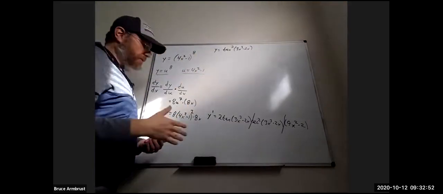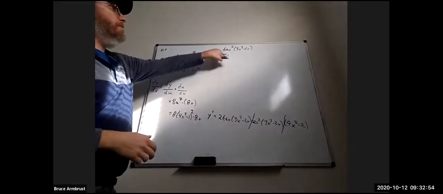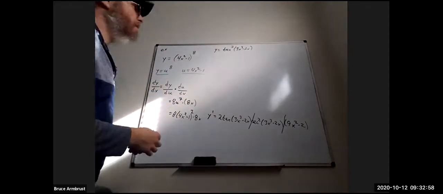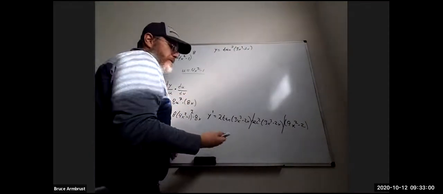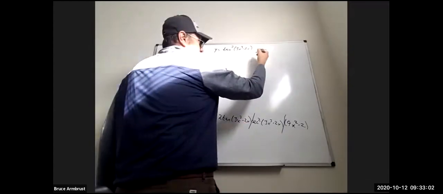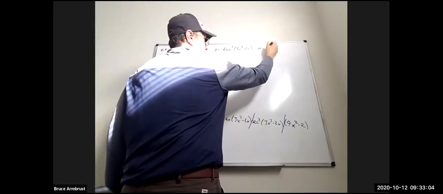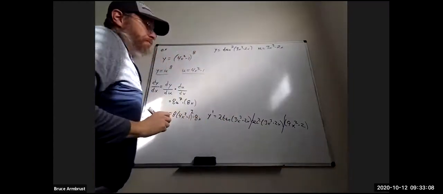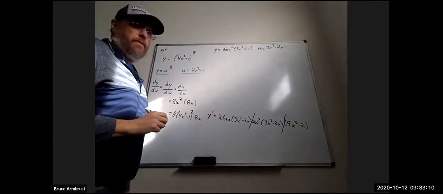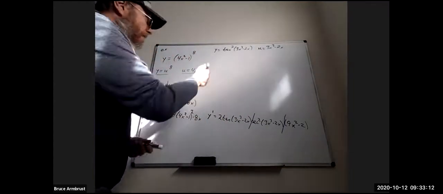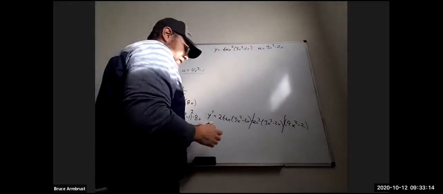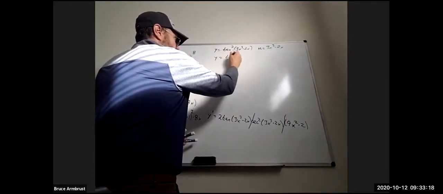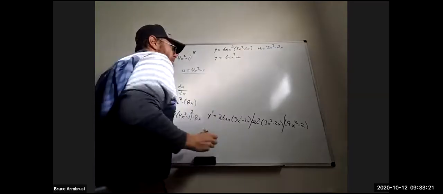So I'm going to start with just some substitutions, because all this is too complicated. So here are some substitutions. I'm going to start with, what if I let u equal 3x cubed minus 2x? If I do that, then y now looks like y equals tangent squared u.